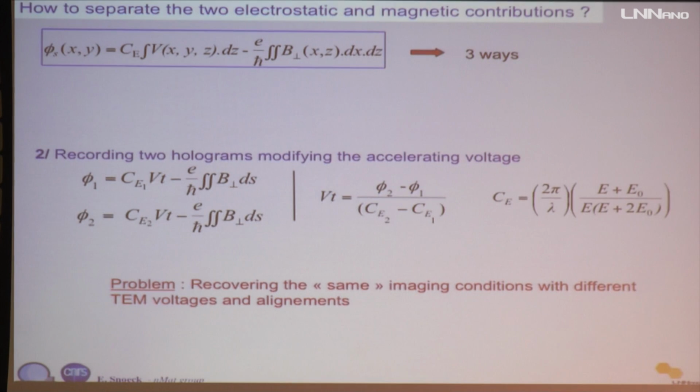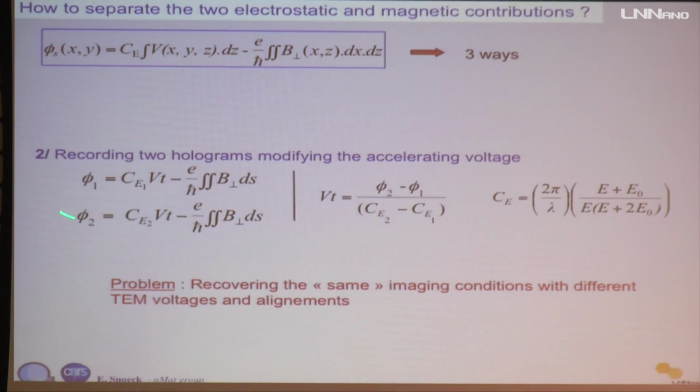There is another way, which is modifying the accelerating voltage. If you modify the accelerating voltage, you change only the electrostatic part, through this constant which depends on the electrostatic energy, while the phase shift of the electron beam after interacting with magnetic induction is constant.